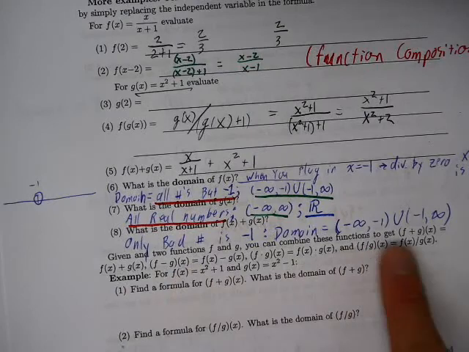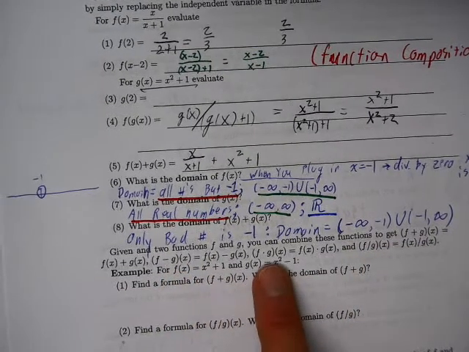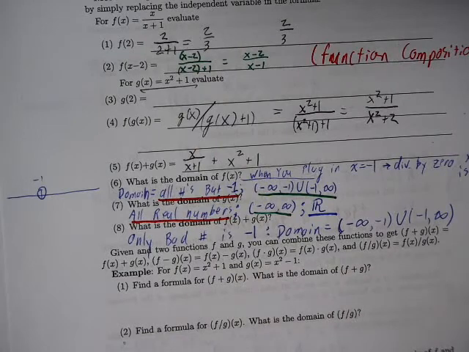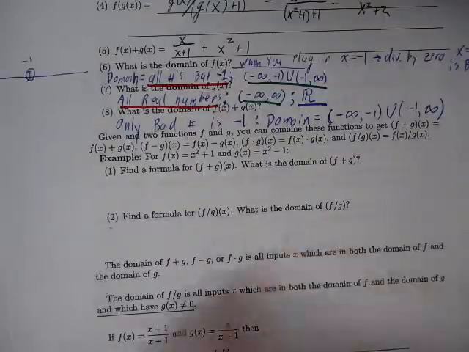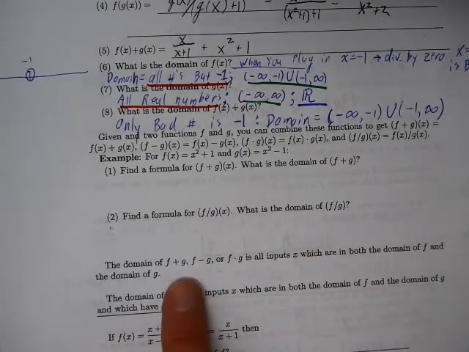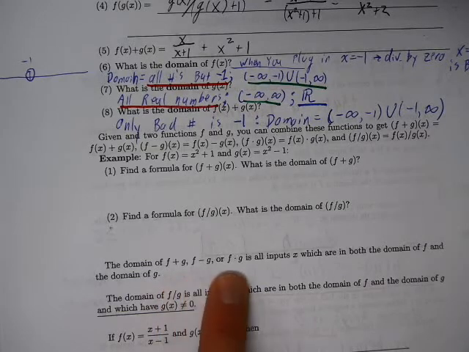Given any two functions, you can always combine them to get a sum, f plus g, f minus g, f times g, or f divided by g. If you want to compute the domain of the sum, difference, or product, well, are there any two numbers that you can't add? That's always fine, right? Are there any two numbers you can't subtract from each other? No, that's always fine.